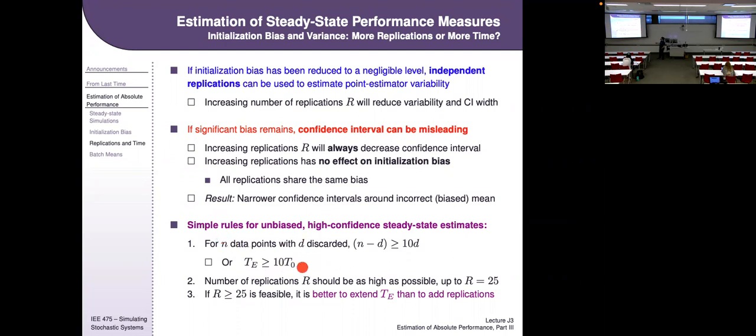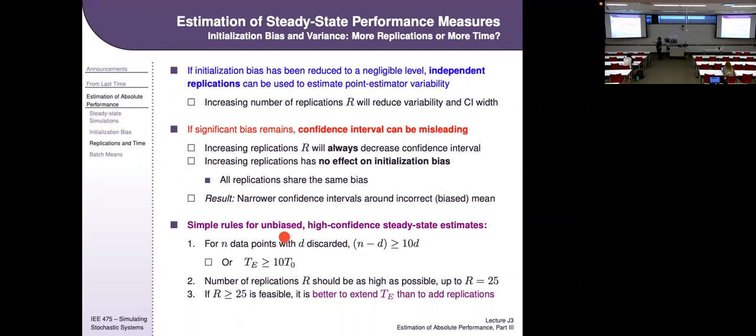So for discrete simulations, where we're choosing in discrete data points, we want n minus d to be greater than 10 times d. For continuous ones, where we've chosen a warm-up period that ends at a particular time, we want our end time to be 10 times that warm-up time.